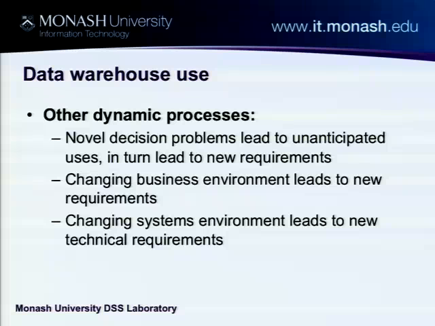So novel decision problems lead to ambiguity in terms of information requirement and lead, as a consequence, often to unanticipated uses of the system. And that's, again, something that came out of Peter Keen's work, that classic paper. Regardless of how well you've designed the system, how tightly you think you've captured the information requirements, A, those information requirements are going to change, and B, you can't predict exactly how people are going to use the system.